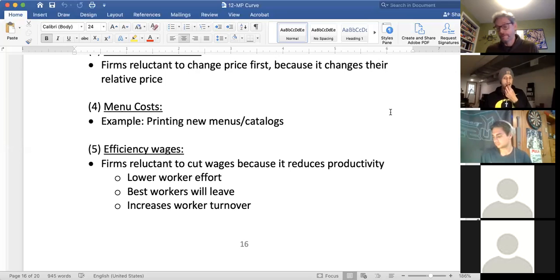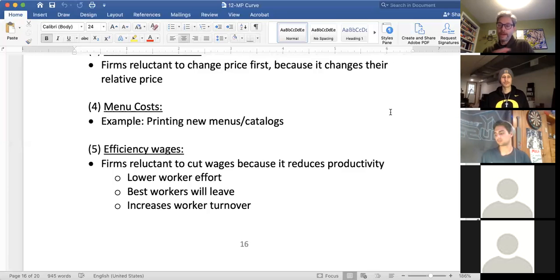And why is that? Well, one reason is lower worker effort. If you cut workers' wages, they're just going to work less hard, right? Particularly in industries where it's hard to monitor how hard workers are working, one of the ways that you ensure that workers are working hard is you pay them higher wages. The other problem with cutting wages is that you are likely to see your best workers leave.